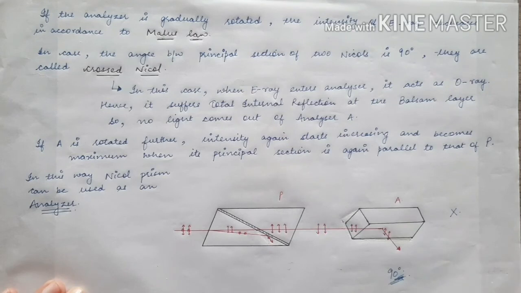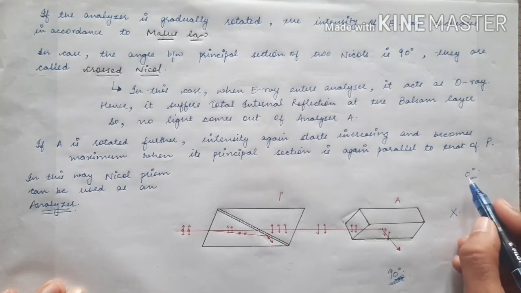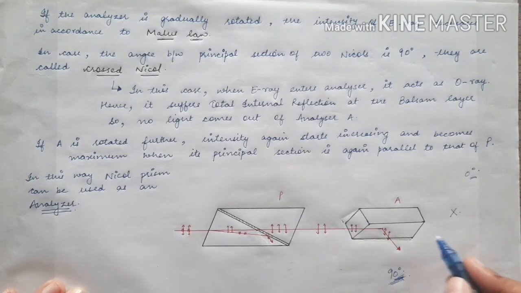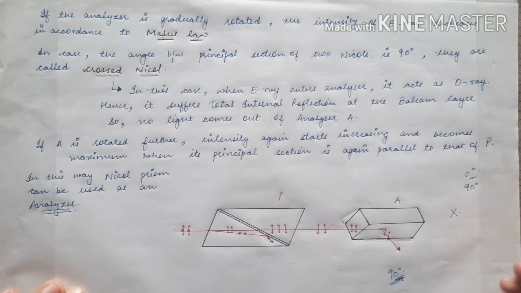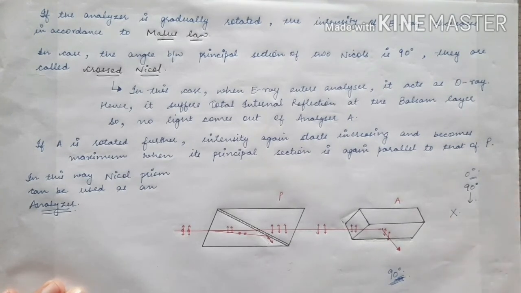Earlier the angle was 0 degrees, in the diagram which I had drawn on the previous page. In this case, the Nicol prism has been rotated and the angle is 90 degrees. If you rotate it further, the angle increases further from 90 degrees.